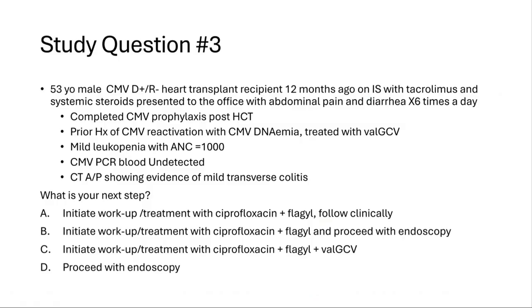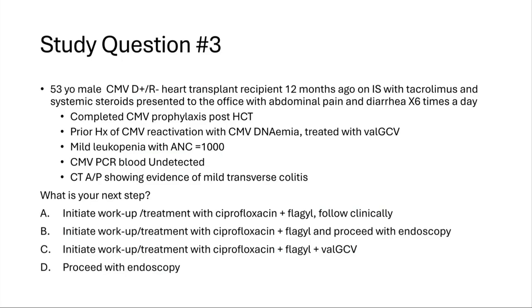So question number 3. You have a 53-year-old male, CMV donor positive, recipient negative, heart transplant, who received his transplant 12 months ago on immunosuppression with tacrolimus and some systemic steroids, who presents to the office with abdominal pain and diarrhea six times a day. Post-transplant, he completed the standard CMV prophylaxis.